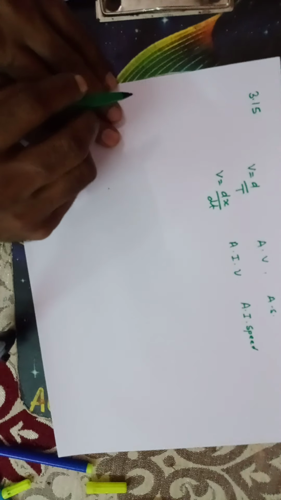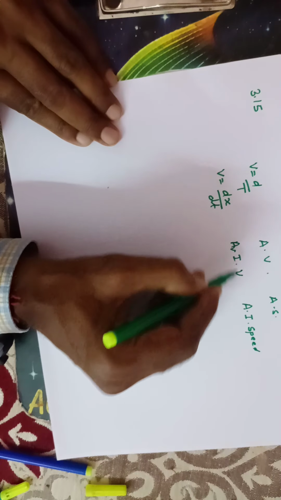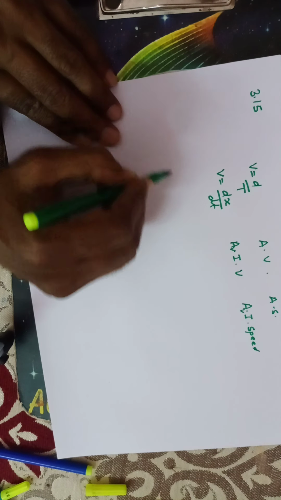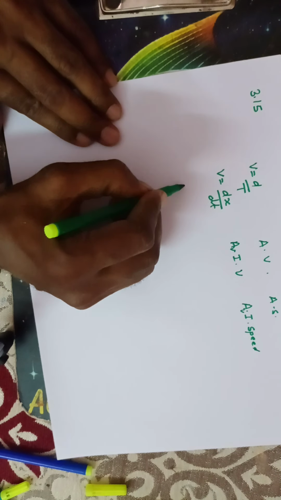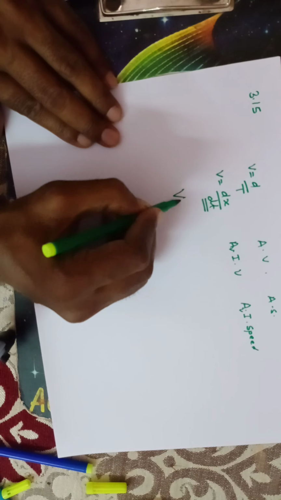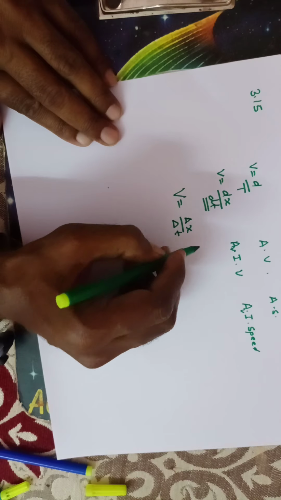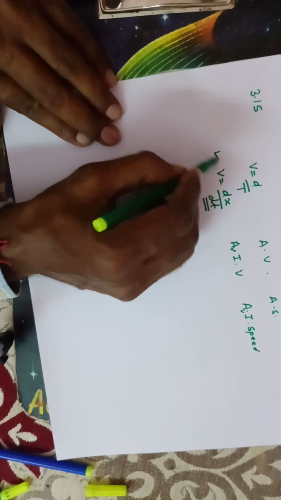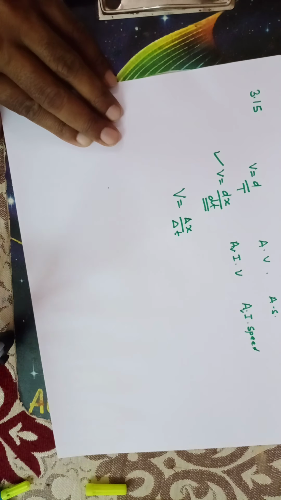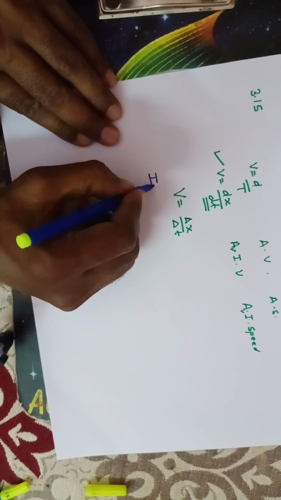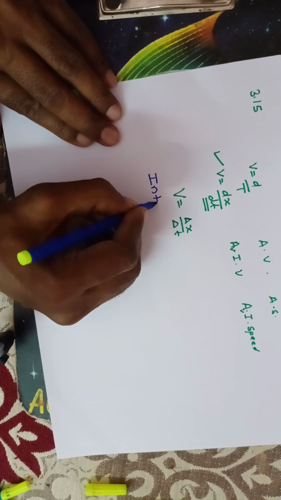is there any distinction? No distinction. Why no distinction? Because this is dx by dt, so it is the time interval. This instantaneous formula, either you say instantaneous velocity or instantaneous speed, it is same.